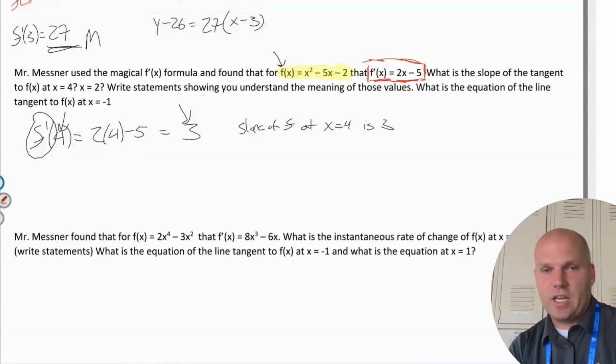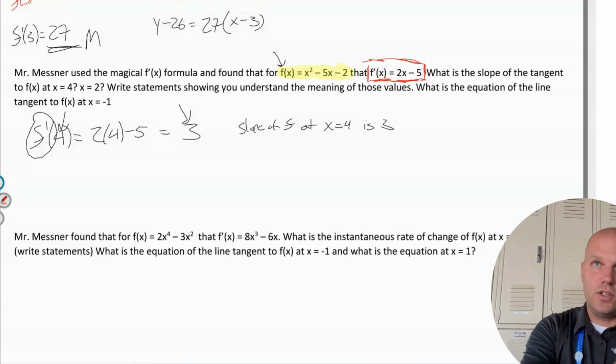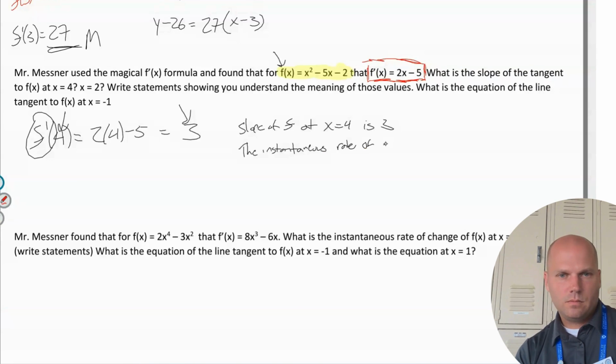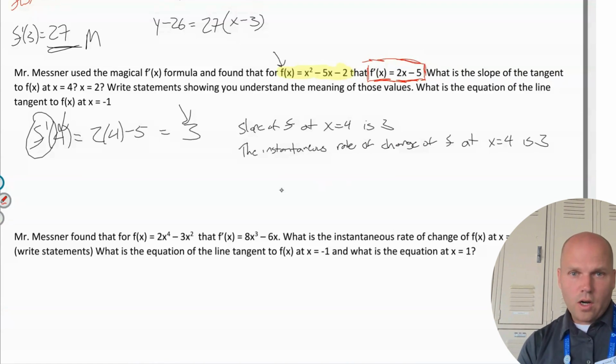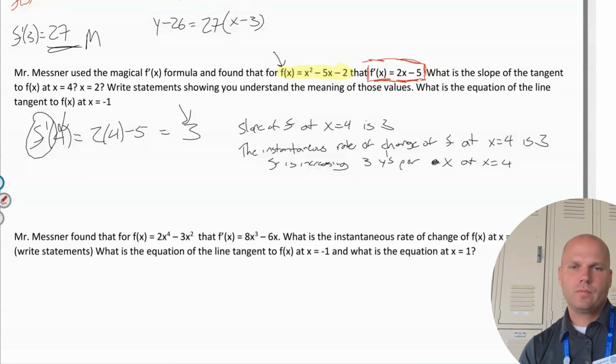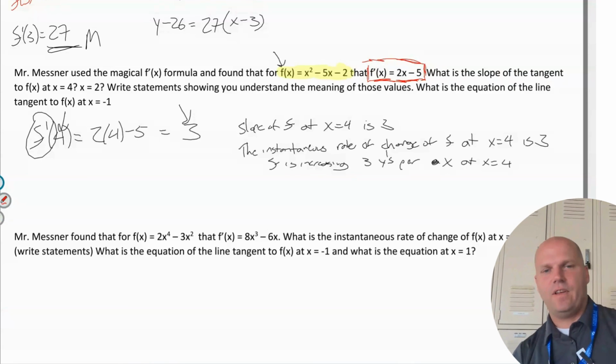Which then gets translated to the instantaneous rate of change of f at x equals 4 is 3. Or f is increasing by 3 y's per x at x equals 4. Or you can say the derivative of f at x equals 4 is 3.